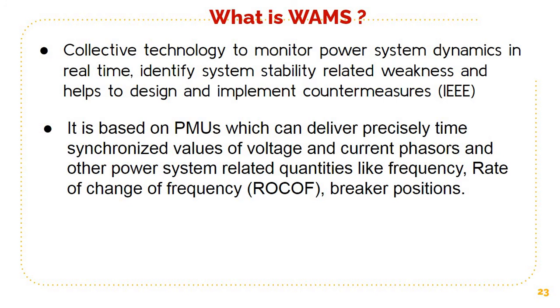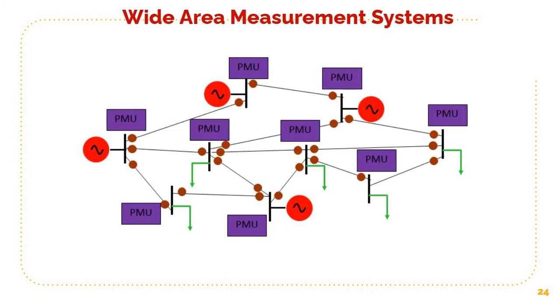Basically, it makes use of many PMUs connected at different locations, precisely time synchronized, and we get all the information of voltage and current phases and other quantities like frequency, rate of change of frequency, breaker positions, etc. This is a picture of WAMS where you can see a large number of PMUs connected at various geographical locations far away.